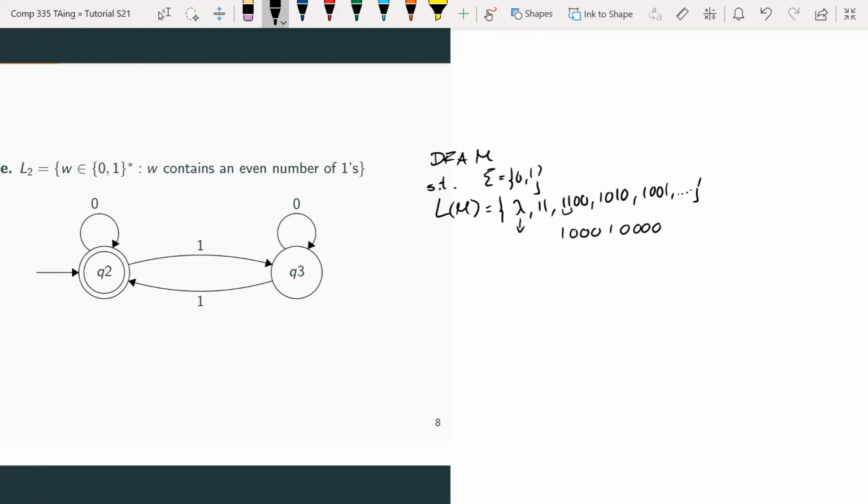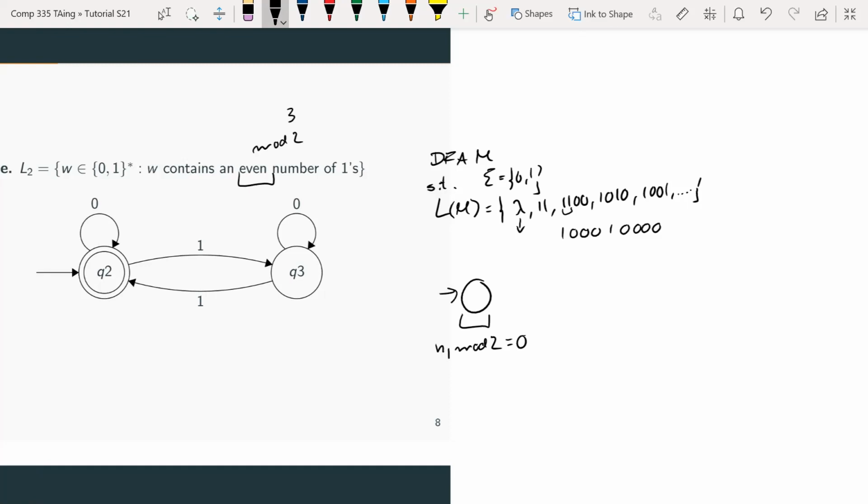So what's the idea here? The idea, especially when we're looking at something like even, or mod 2, or even just mod 3. Whenever you have modulos, your initial state is always going to act as a 0 mod whatever you're looking for. In this case, I'm looking at even numbers, so I'm going to do mod 2. So my initial state represents 0 mod 2. Well, if we want to be very precise, let's say the number of ones mod 2 is equal to 0.